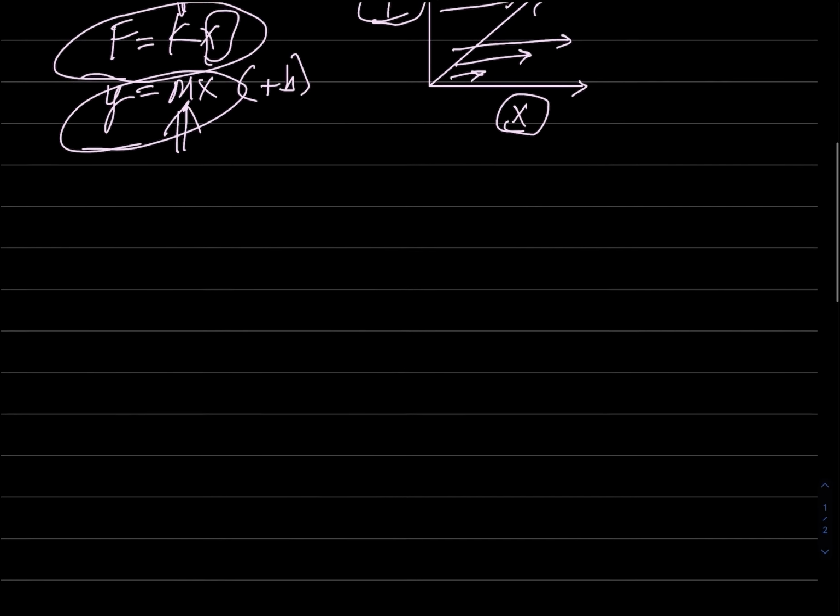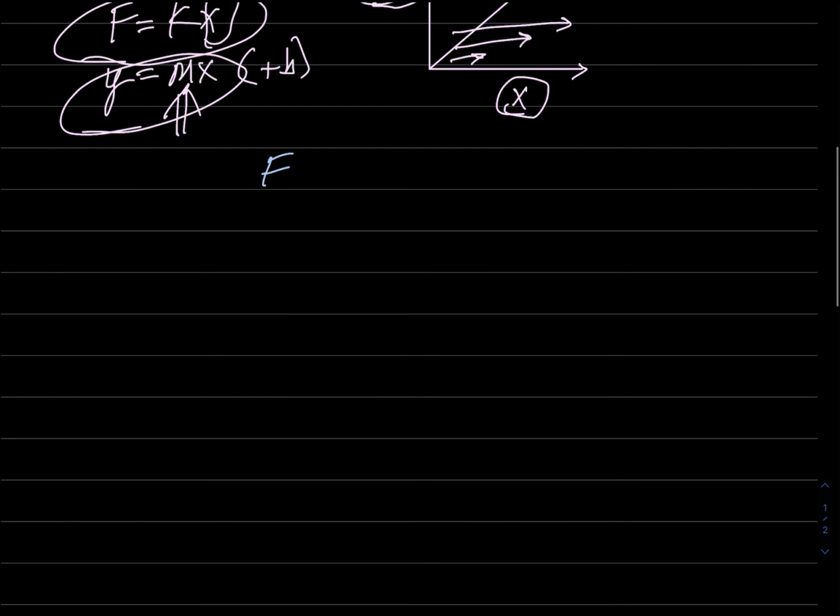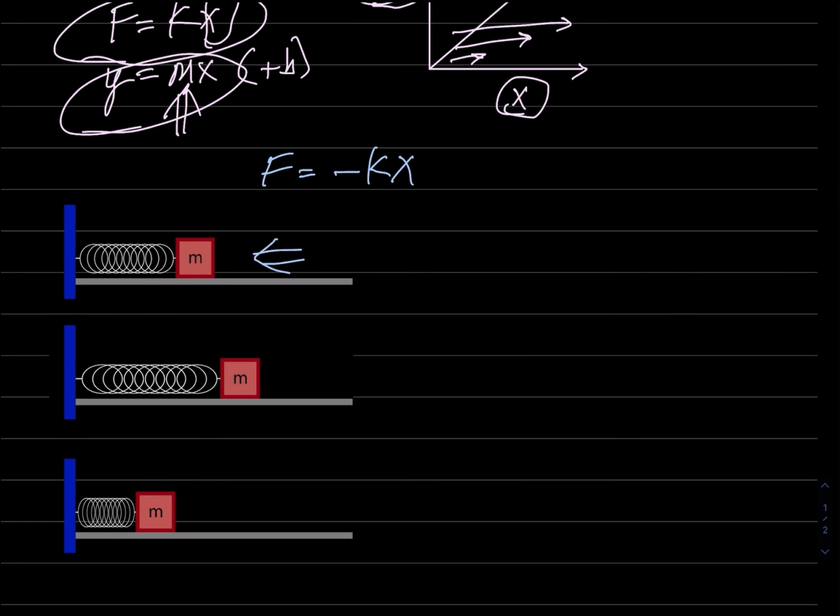Actually, what we say is that F equals negative k times x. And why is that? Here's our mass in its equilibrium position. If you stretch the spring, pulling the mass out from its equilibrium to the right, this is the positive x-axis, the restoring force will be pulling the mass this way, back toward equilibrium.